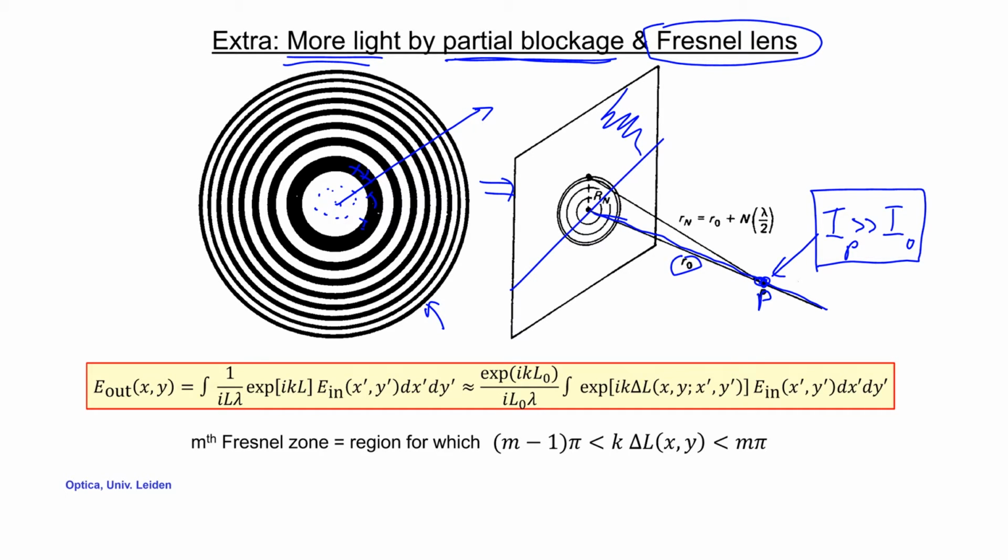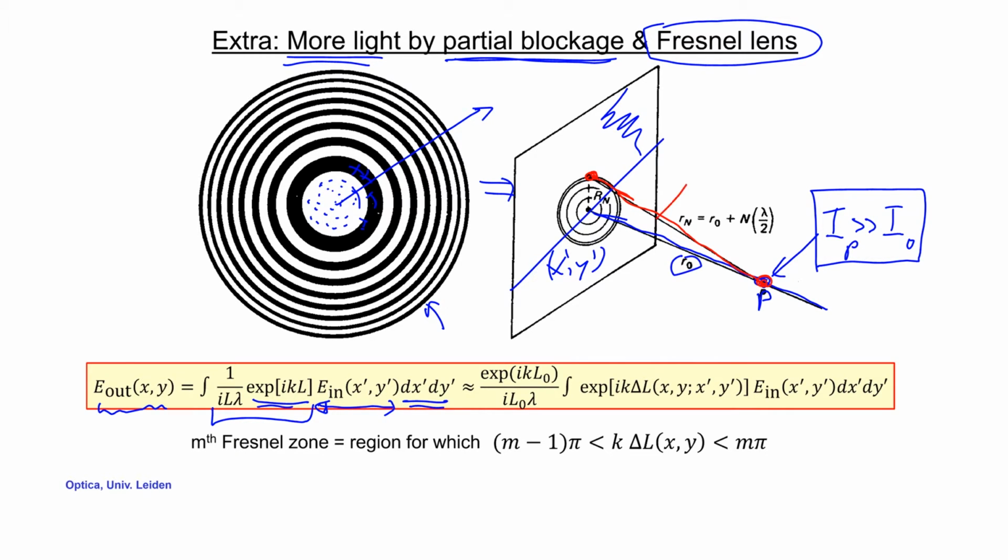So how does it do the job? Well, for that, you can look at the expression which relates the input field, the field at the screen, which you have to integrate over all positions in the screen, and in particular only over the regions that transmit, so only over these circular white regions. Each of these contributions acquires a phase factor of this form, which is related to the propagation length, the distance from the source to the point at which we measure the field.